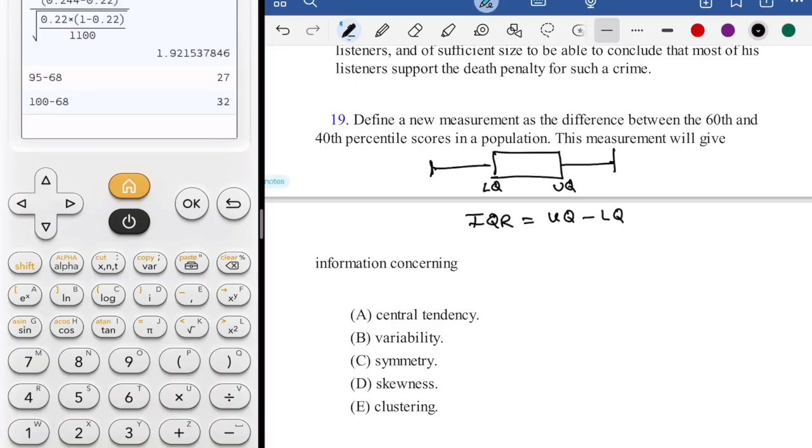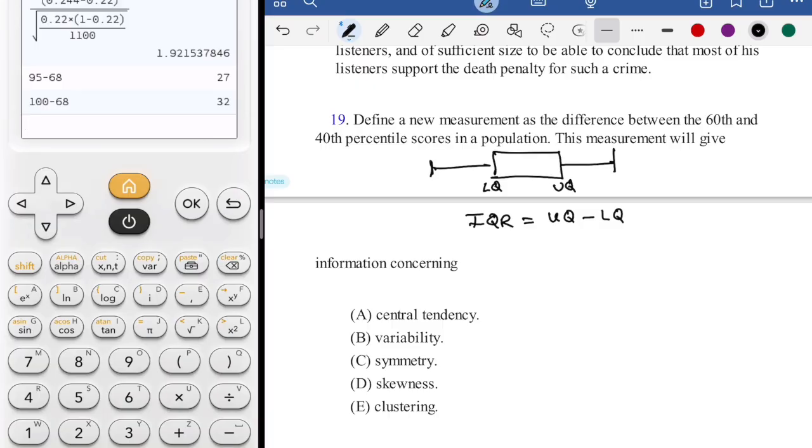It wouldn't give us anything. It's just giving us the relationship or corresponding to spread. It doesn't tell us anything about center. I mean, aside from the fact that you know that the median is going to be in there somewhere between the 40th and 60th. Yeah, so it's in there, but it doesn't really lock down where that center value is.